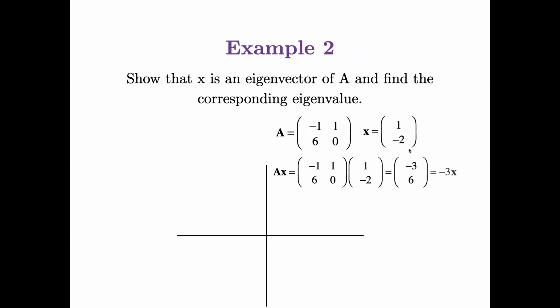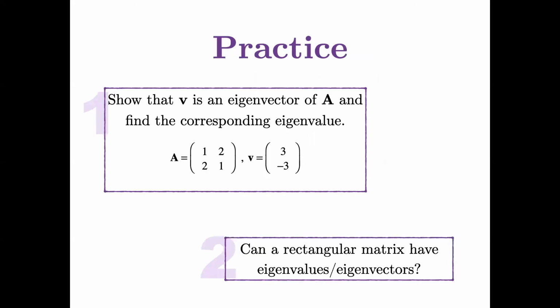And the answer would be, of course, -3. Now we can draw these. There's x, and now Ax goes in the opposite direction, 3 times the length of x. Let's get some practice here just to make sure that the concepts are sinking in.